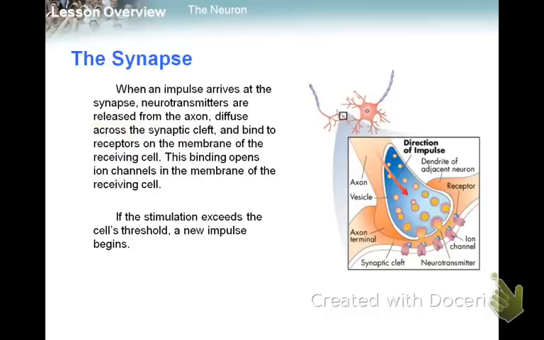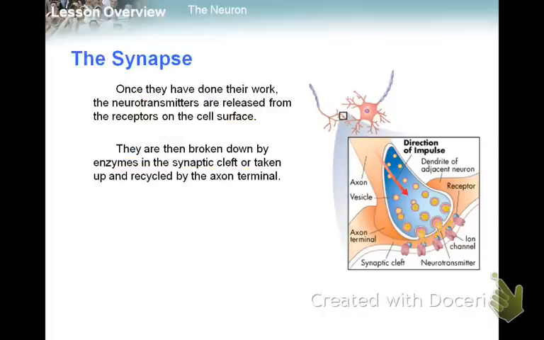When an impulse arrives at the synapse, the vesicles release their neurotransmitters, diffuse across, high to low concentration, and they bind to receptors at the dendrite of the receiving cell. This opens the ion channels, and the nerve impulse is perpetuated into the next neuron. If it exceeds the cell's threshold, a new impulse begins.